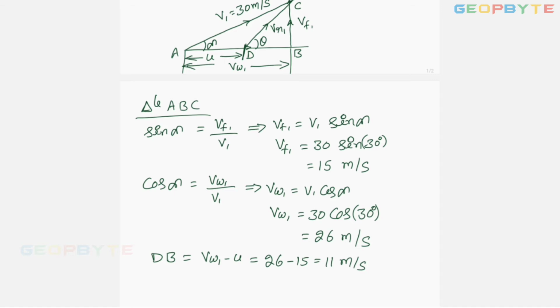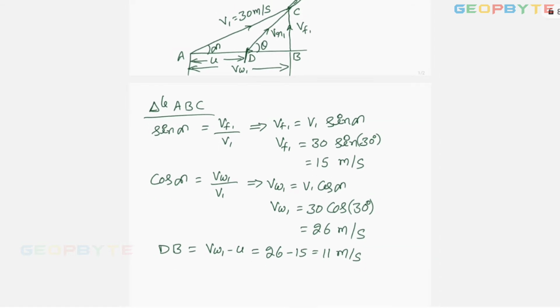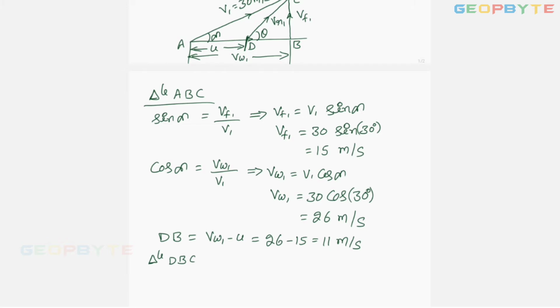Now let us take the triangle DBC. For this triangle, VR1 square is equal to DB square plus Vf1 square.